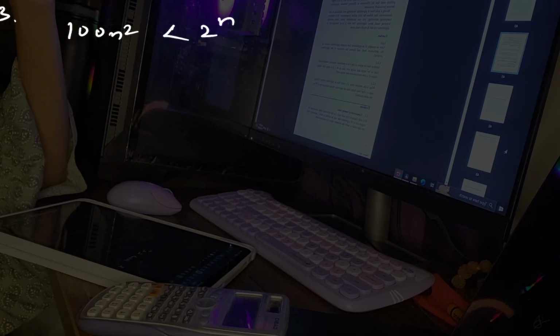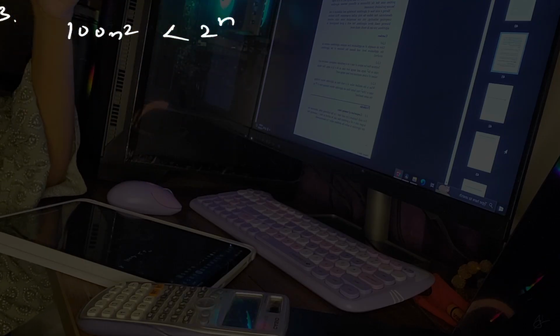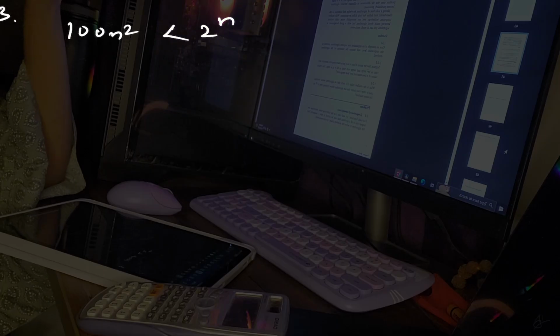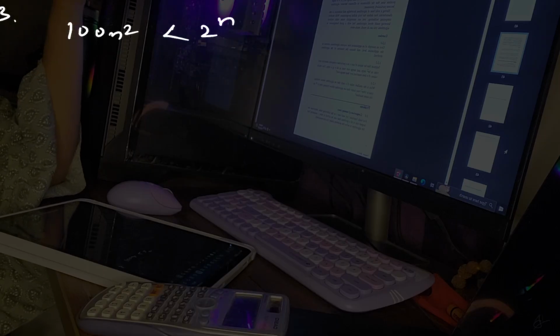Okay, so basically what I was trying to think is, instead of putting random values of n and trying to solve it, whether there is another manner I could do it.